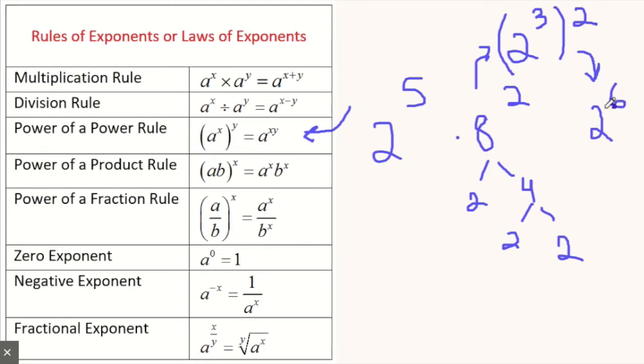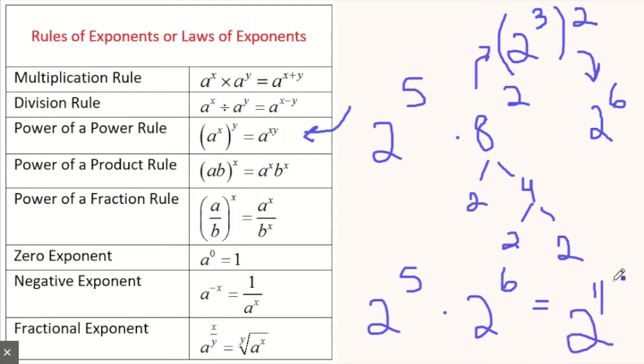And then instead of writing this, we can write this, and rewrite the question as 2 to the 5th power times 2 to the 6th power, and then follow the multiplication rule. Keep the base the same and add the exponents. And that will be your answer.